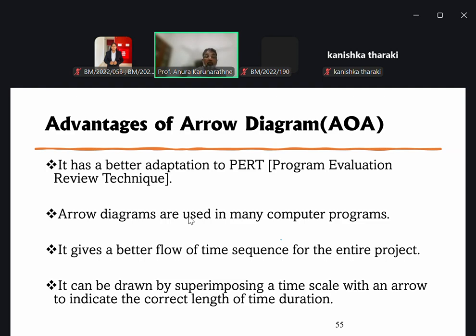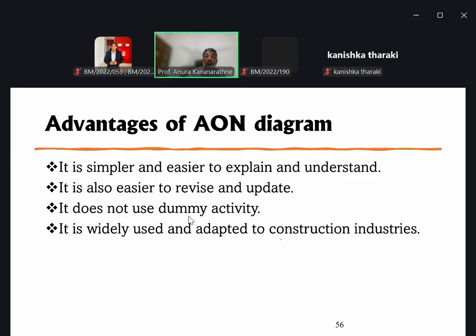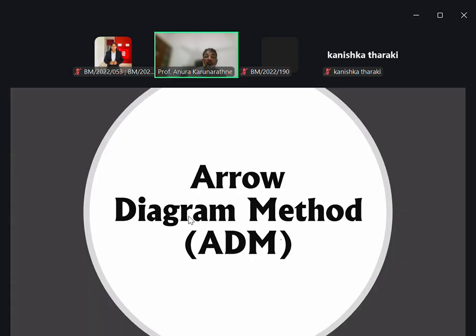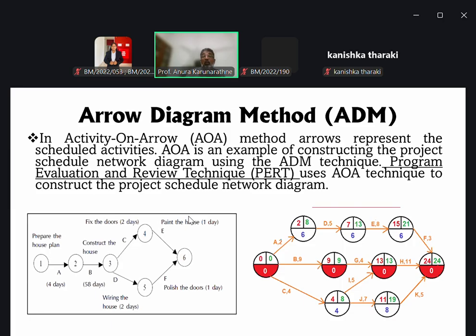Arrow diagrams are used in many computer programs. Now, this is the application side of this AOA and AON. Then, this is a comparison between the AOA and AON method.